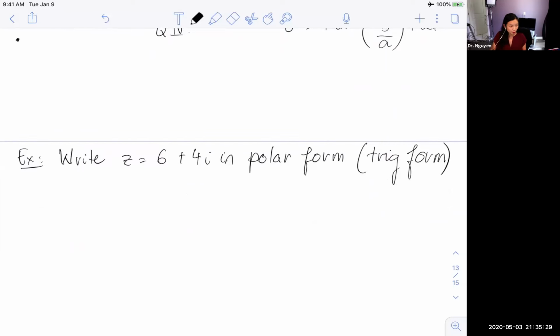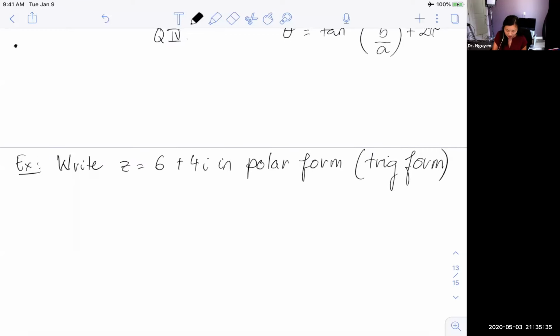Anyway, so for this problem, first let's take a look at the point. Well, let's change that. Let's have -6 plus 4i. So if I want to draw that, it's going to be right here, right? So we have -6, positive 4.